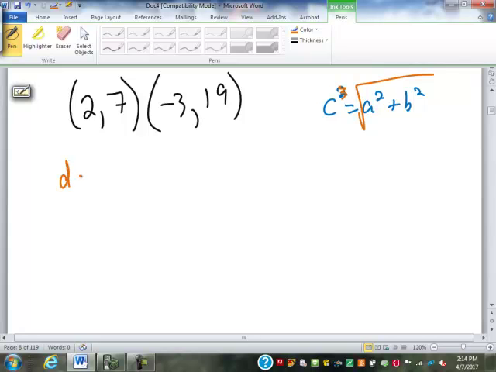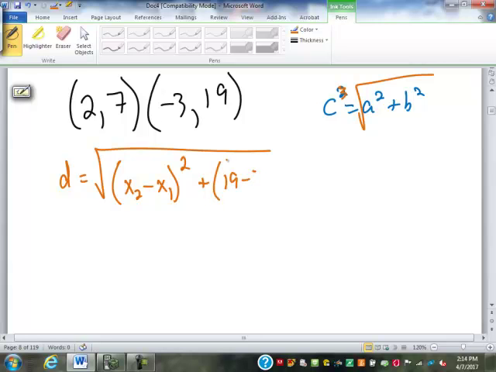The distance between those 2 points is the square root of a, which is found by subtracting the x coordinates, x2 minus x1 squared, plus b, the difference in the y coordinates. So 19 minus 7, I'll put it out here generically, y2 minus y1, and then squared.